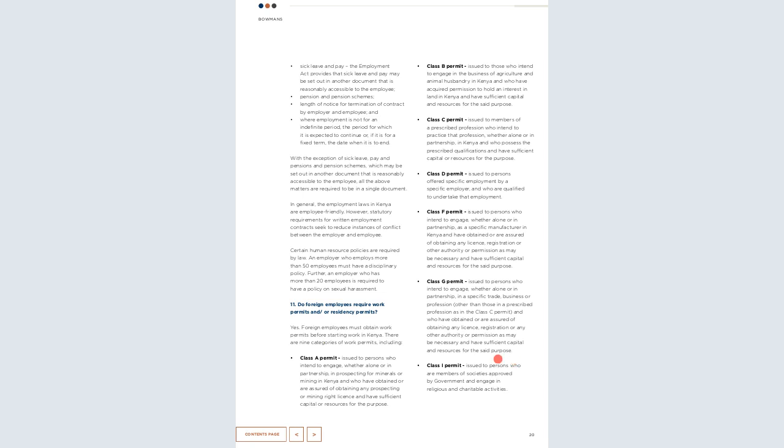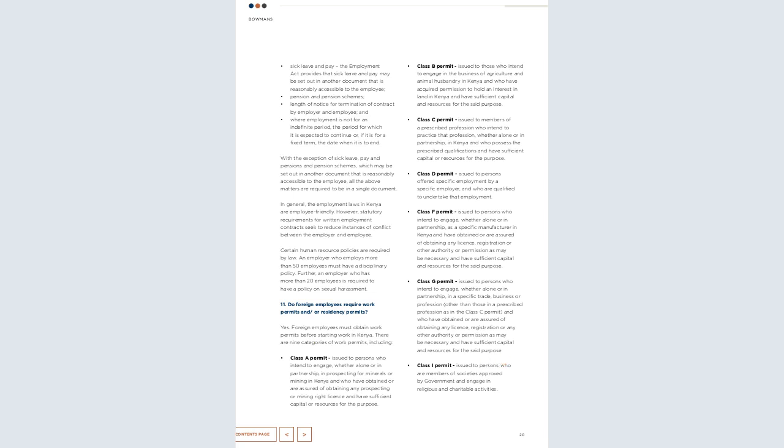Then the Class D permit is issued to persons offered specific employment by a specific employer and who are qualified to undertake that employment.